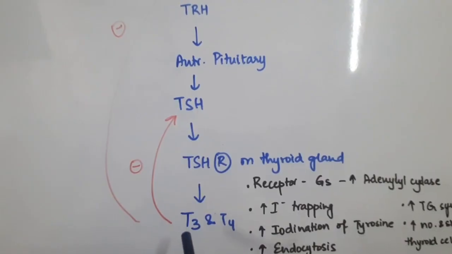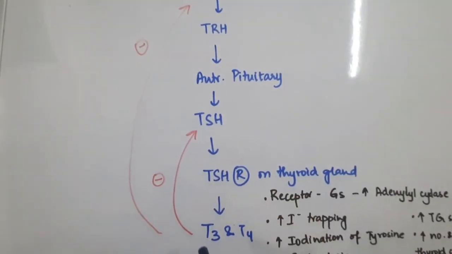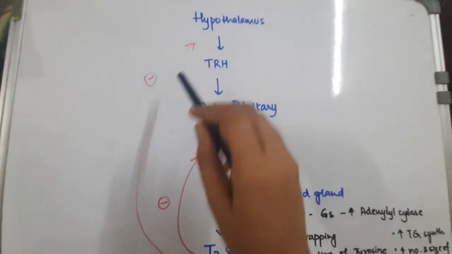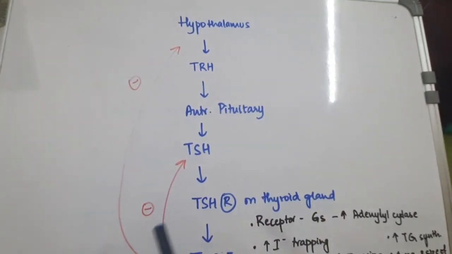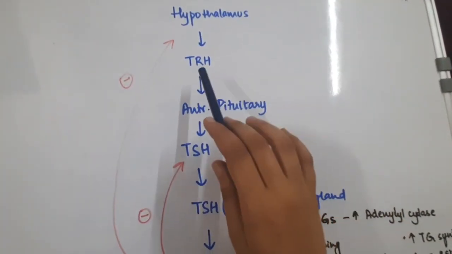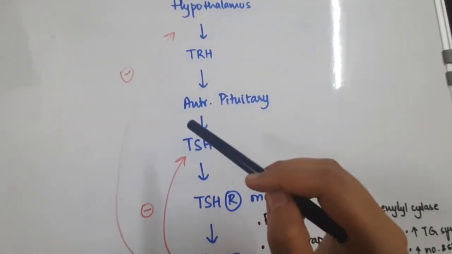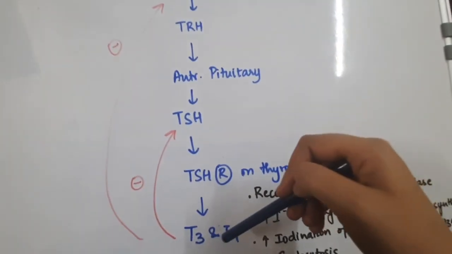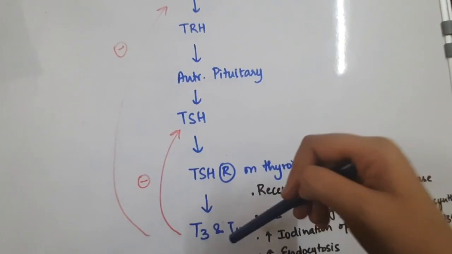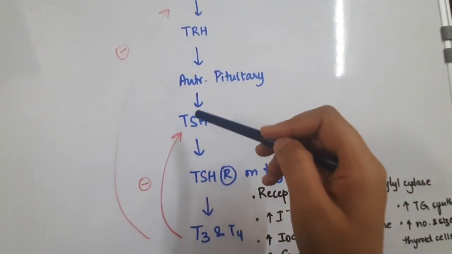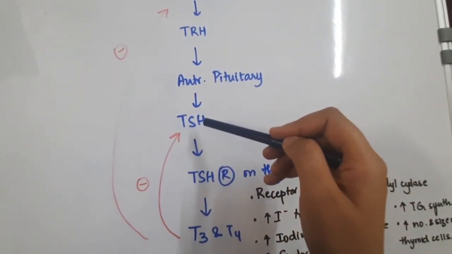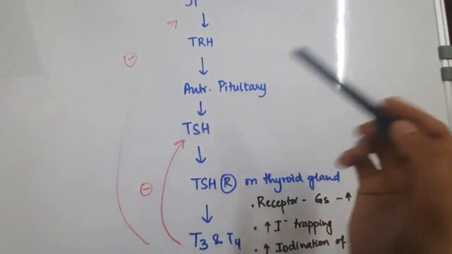These thyroid hormones in turn will have a negative feedback mechanism on the anterior pituitary and on the hypothalamus. So they will inhibit the production of TRH and TSH. So TSH will increase the production of thyroid hormones, but once thyroid hormones are there, they will bring about a negative feedback effect and reduce the production of TRH and TSH.